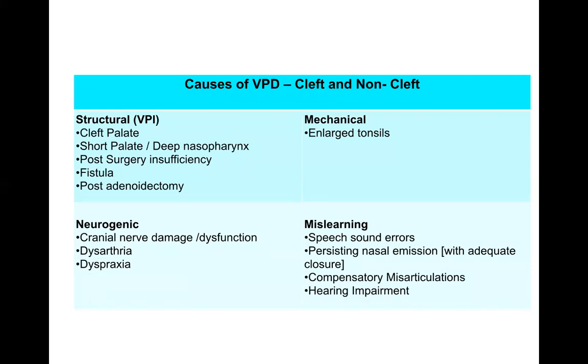But for the purposes of today, I'm just going to refer to VPD, velopharyngeal dysfunction, as a general umbrella term to describe the soft palate not making adequate closure with the posterior pharyngeal wall.